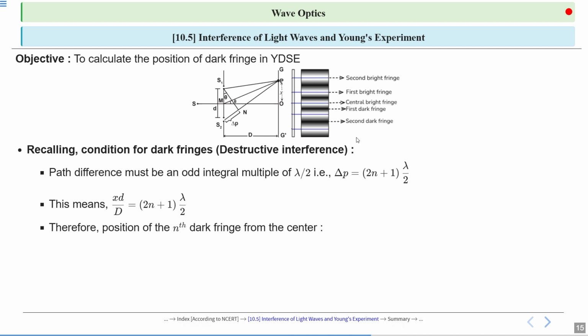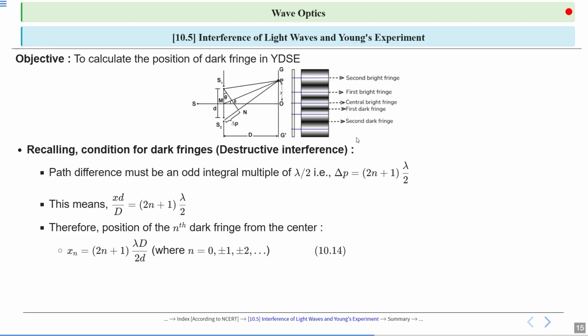Therefore, the position of the nth dark fringe from the center can be calculated as xn equal to (2n plus 1) lambda capital D upon 2d after rearranging, where n equal to 0, plus minus 1, plus minus 2, and so on. If we use the minus sign, then n equal to plus minus 1 gives us the first dark fringe on both sides of the central bright fringe.